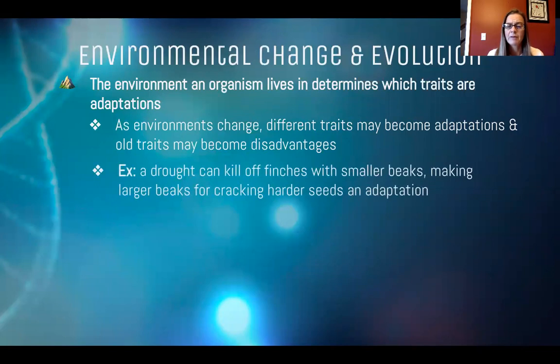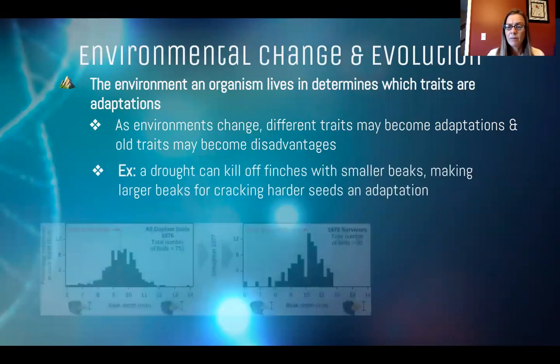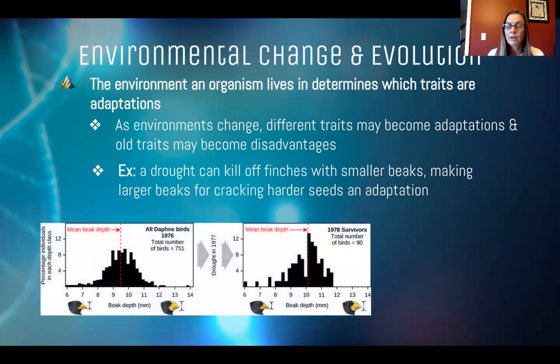For example, if we have a drought, it may mean that only hard seeds are available, which means that finches that don't have the large beaks able to crack those hard seeds are at a disadvantage. It's going to kill off those smaller beaked birds and give an advantage to the larger beaked birds.